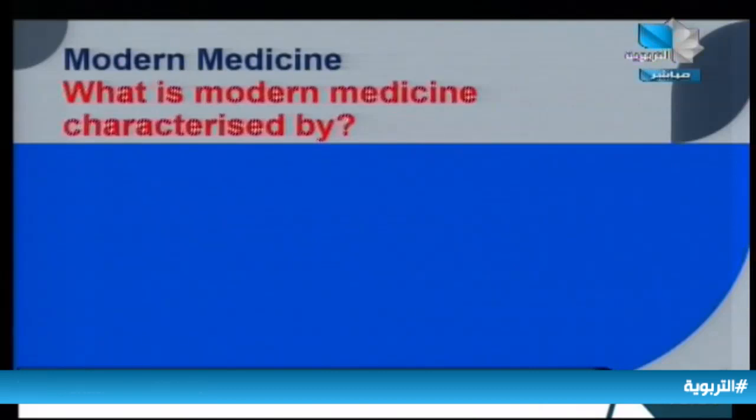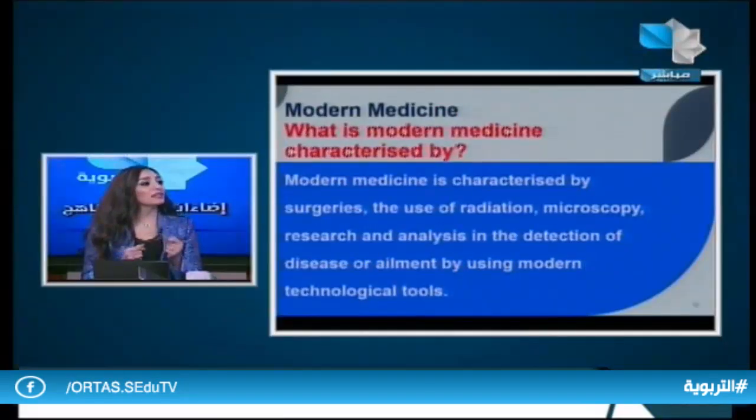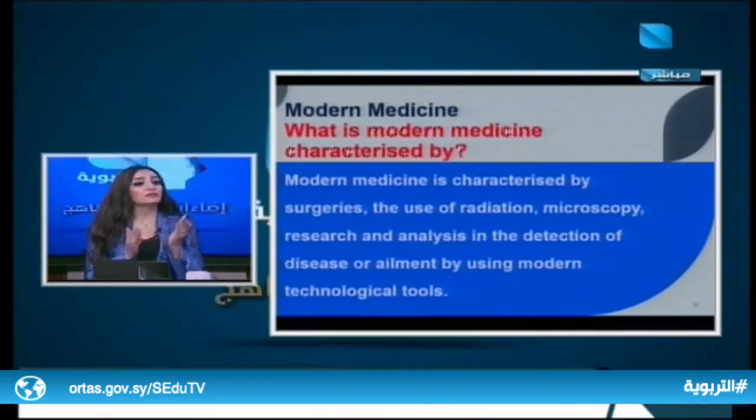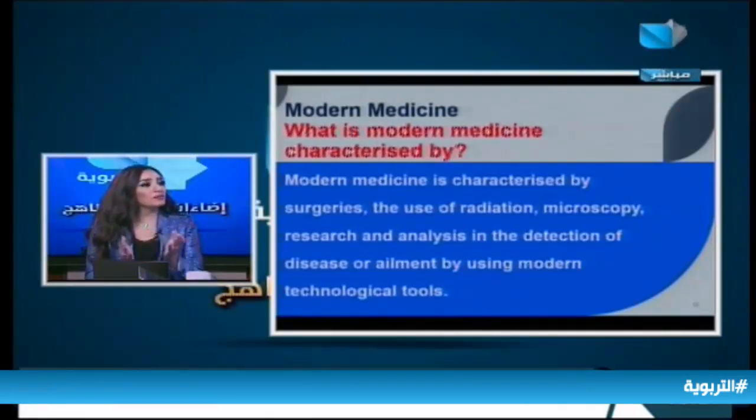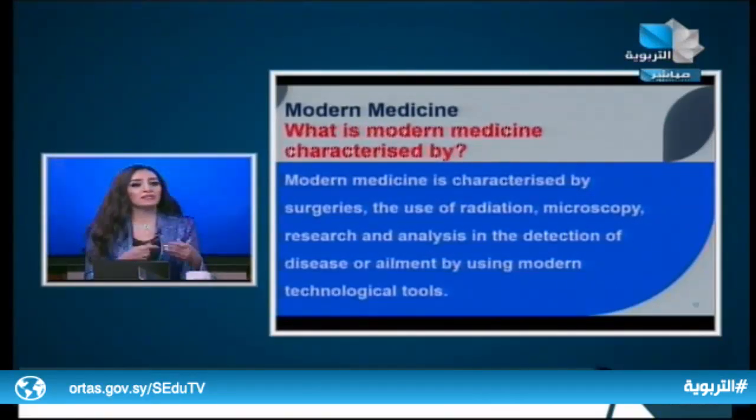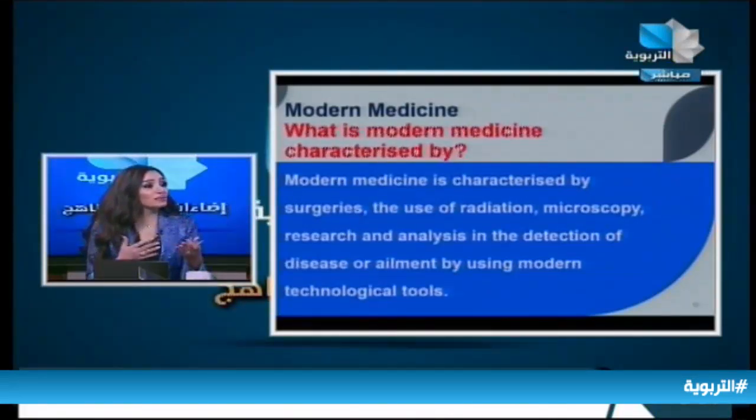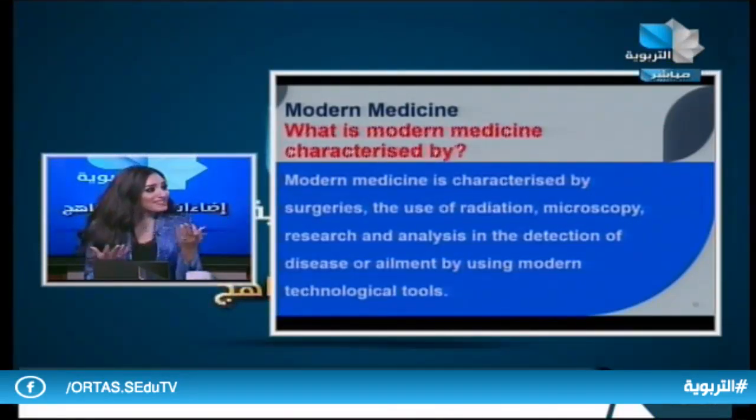Modern medicine is characterized now by using surgeries, technological devices and radiation. All of them are used now in the modern era, just like using technological tools in remote places.